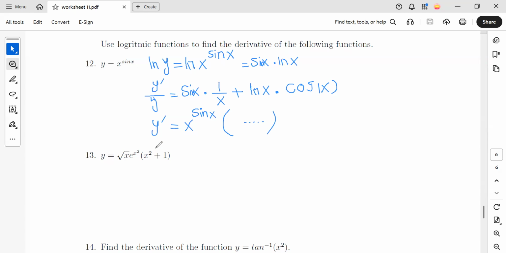For number 13, when we want to find the derivative, we are going to take ln of both sides.